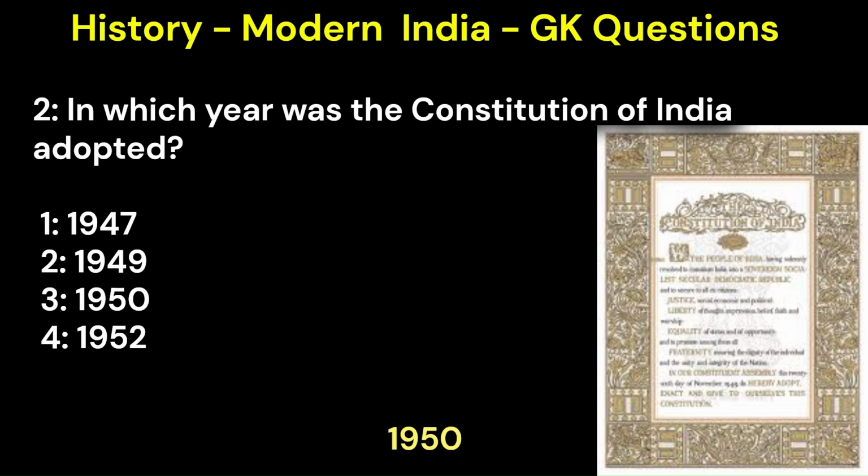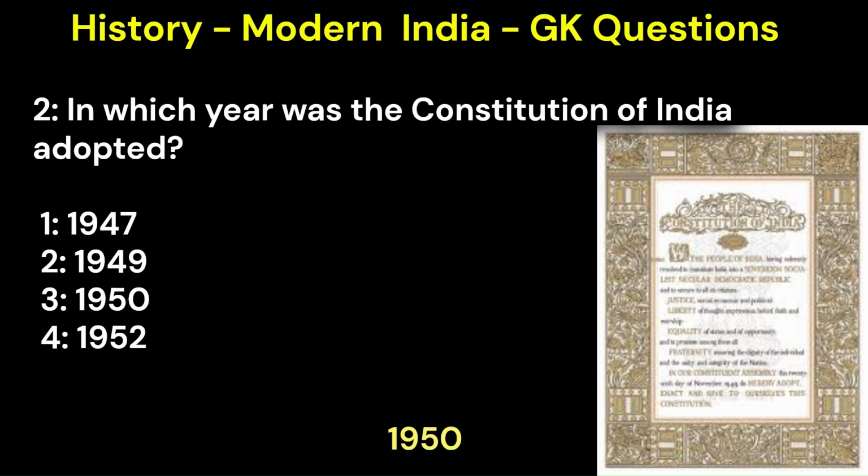Explanation: The Constitution of India was adopted on 26 January 1950, marking the day India became a republic. Drafted by a committee led by Dr. B.R. Ambedkar, it replaced the Government of India Act of 1935.